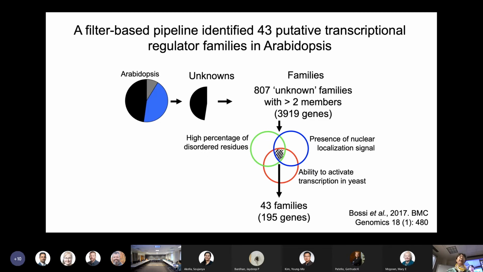Then we ended up with 43 families represented by 195 genes.